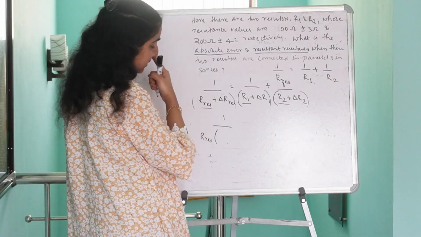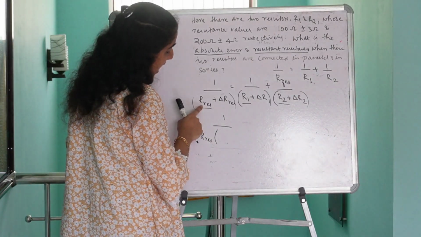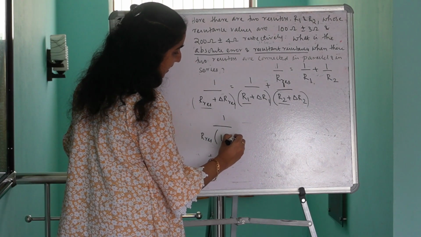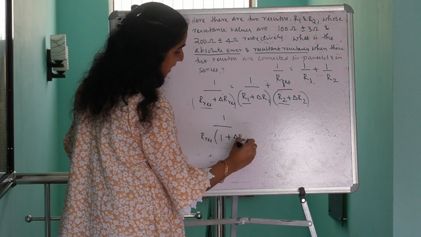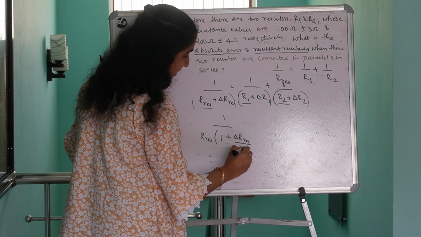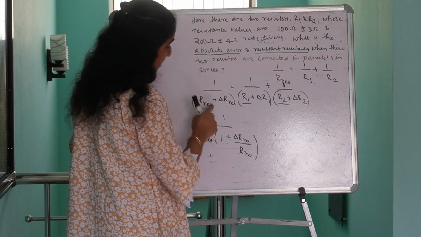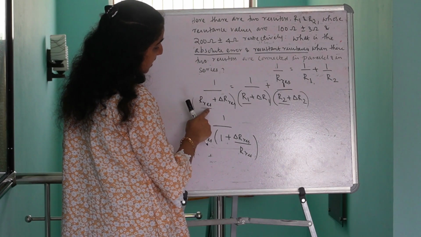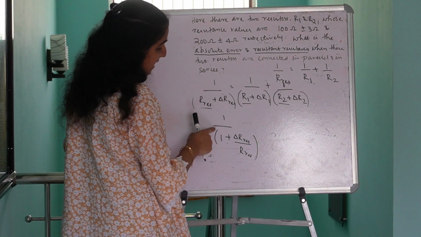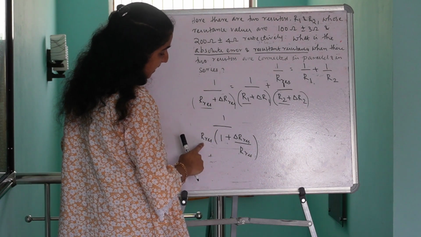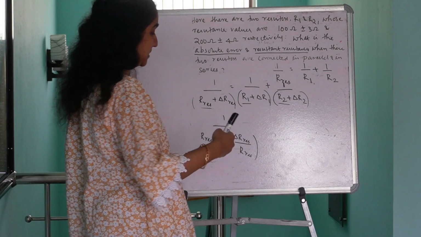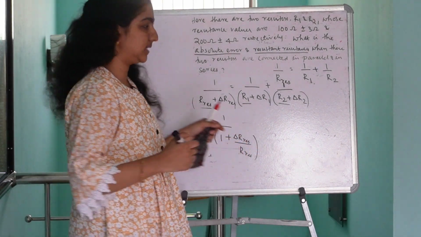So I am going to divide R resultant by R resultant and I will get 1 plus del R resultant divided by R resultant. So this fraction has now become 1 divided by R resultant into 1 plus del R resultant divided by R resultant.